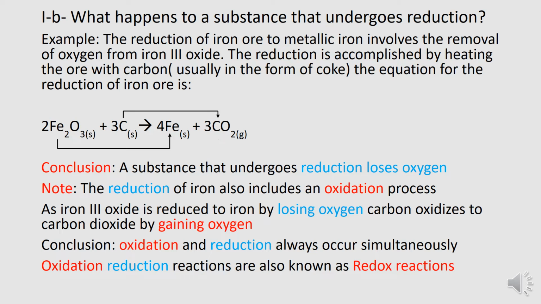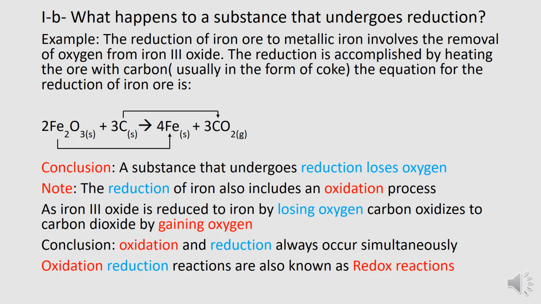Note here that the reduction of iron also includes an oxidation process. As iron(III) oxide is reduced to iron by losing oxygen, at the same time, carbon oxidizes to carbon dioxide by gaining oxygen.